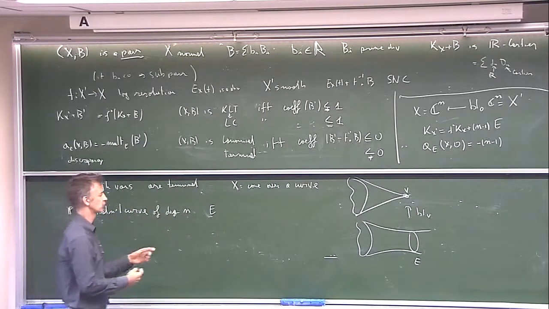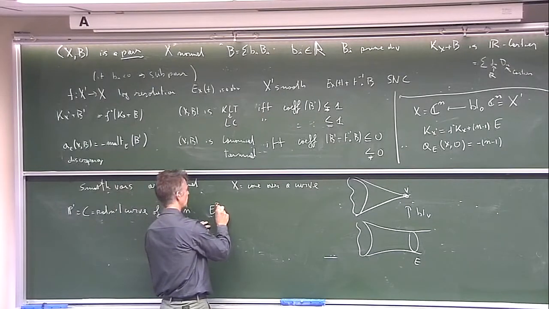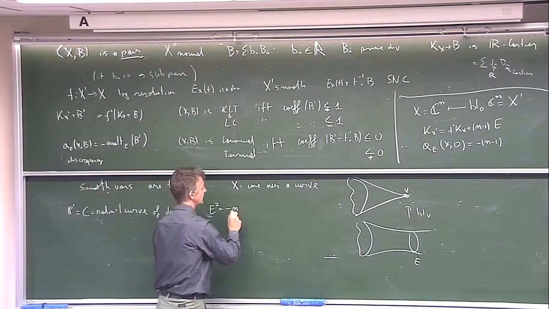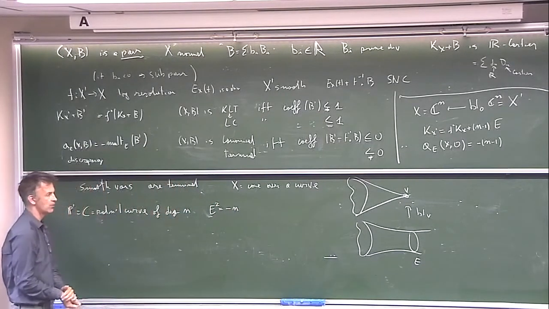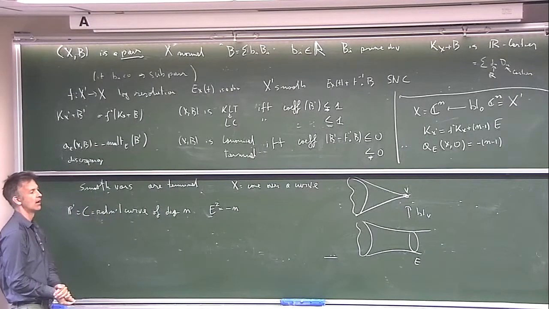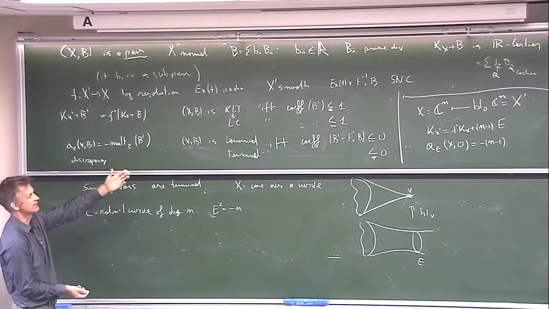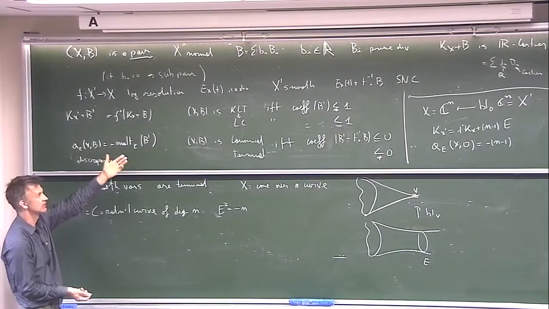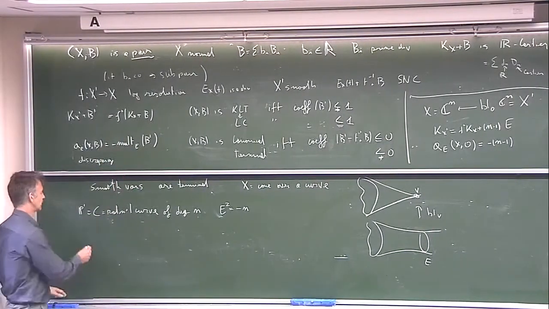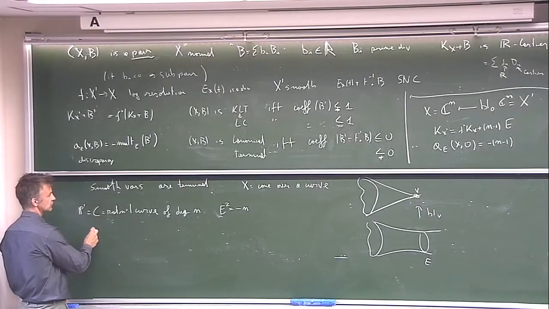The normal bundle will have degree minus n, so E squared will be equal to minus n. And now we can try and compute, this is a log resolution, so we can use that to compute if this singularity is KLT, log canonical, canonical, terminal. OK, so let's see how the computation goes.